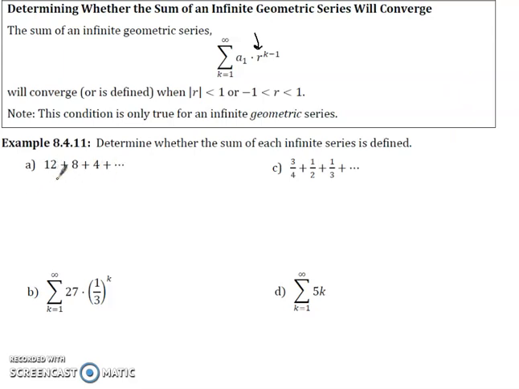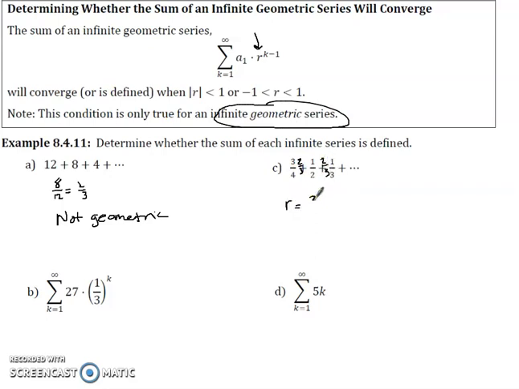So all we're going to do is look at the common ratio of each of these terms. From 12 to 8, I am multiplying by 8/12, which is 2/3. But then I multiply by 1/2 for my next set. This is not geometric, so this rule will not work because this is only true for infinite geometric series. From 3/4 to 1/2, I am multiplying by 2/3, and then by 2/3 again.